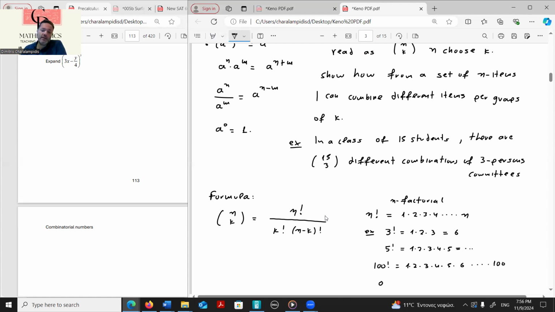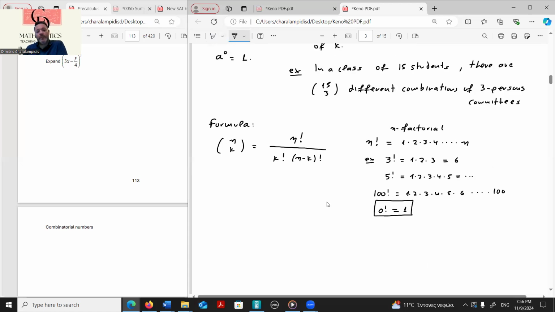One interesting thing is that 0 factorial is equal to 1, and that serves as an axiom as well. Now, example. Let's expand 5 choose 3. Based on what we mentioned, it should be 5 factorial over 3 factorial multiplied by their difference's factorial, which is 5 factorial over 3 factorial times 2 factorial.